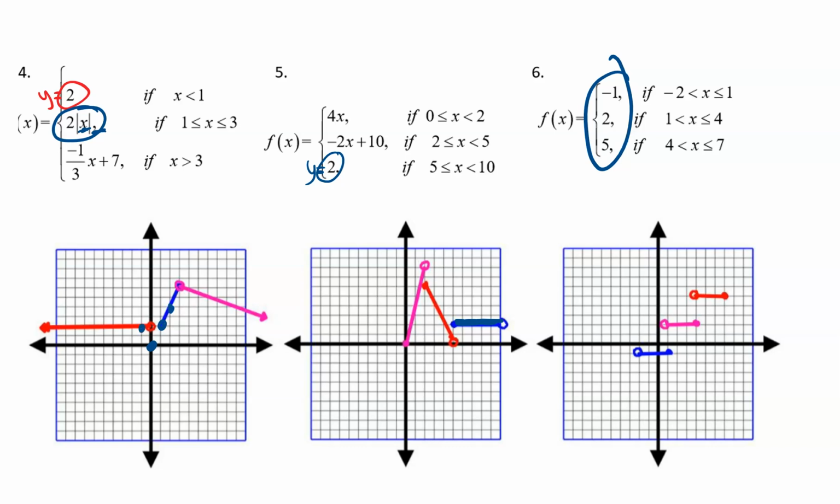Same thing in the opposite direction. But we only draw that line from 1 to 3. So it only goes from 1 to 3, and everything else gets erased. So you can't even tell by looking at our answer that it was a V shape to begin with.